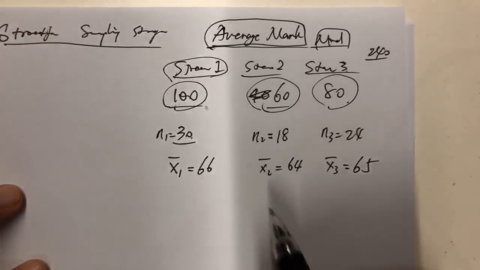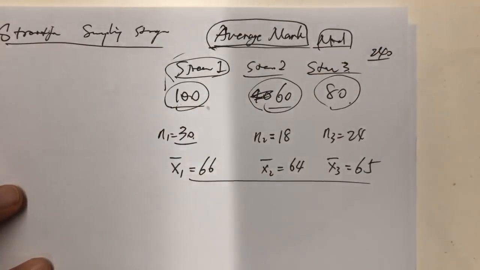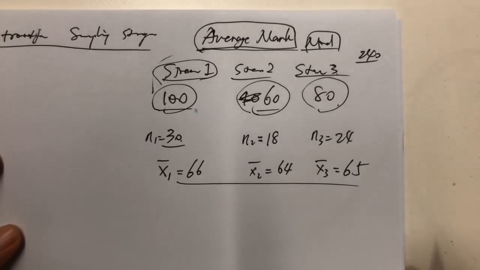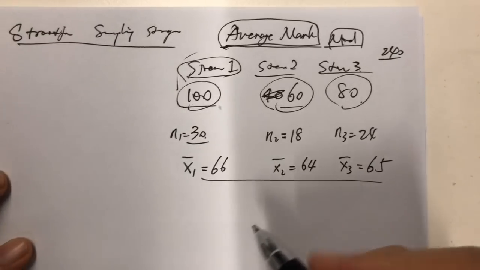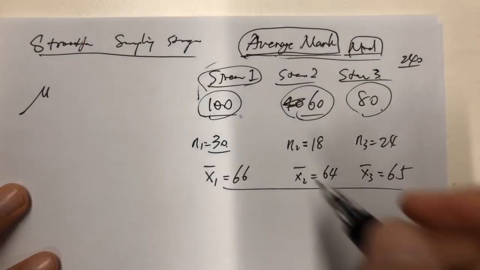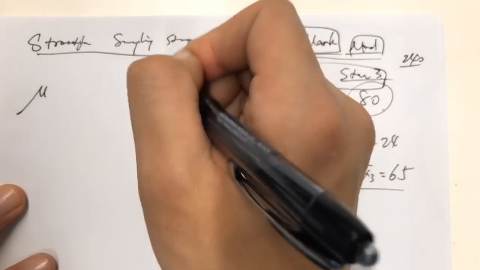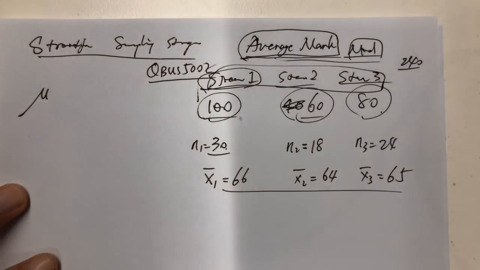So those are the average marks of each stream. Now what I want to do is make an overall estimation of the average mid-semester mark of the whole population in QBUS5002.